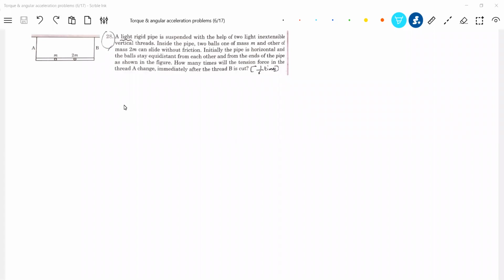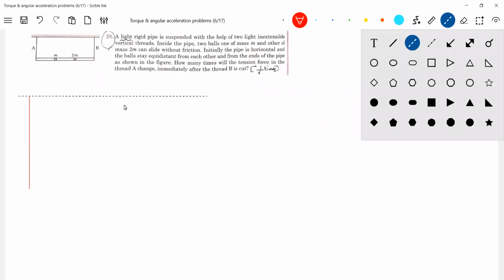Draw the diagram. Without drawing the diagram, just by seeing, it is highly impossible. So there's a string, and the pipe is telling... pipe.